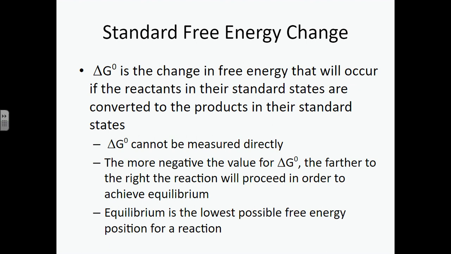And so here's the thing: delta G naught cannot be measured directly. The more negative the value for delta G naught, the farther to the right the reaction will proceed in order to achieve equilibrium. So we're tying this into the equilibrium concept. Equilibrium is the lowest possible free energy position for a reaction.